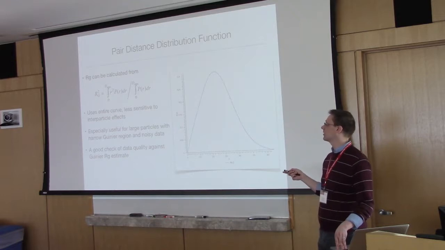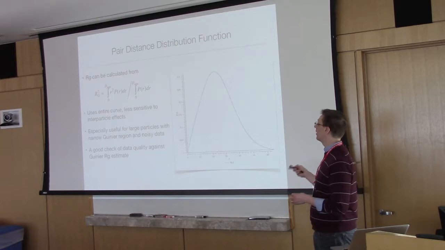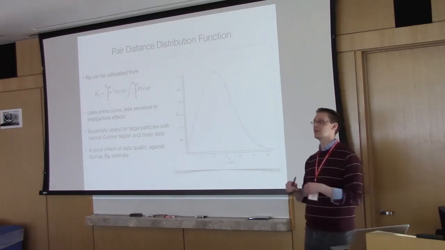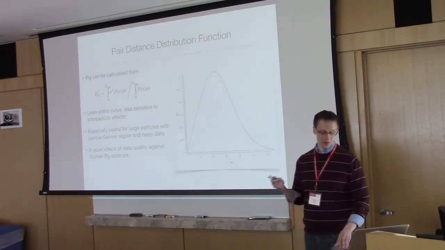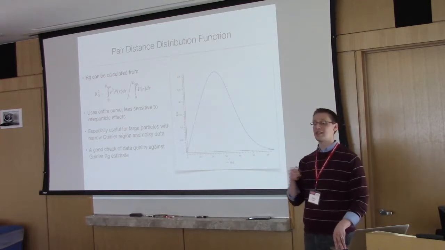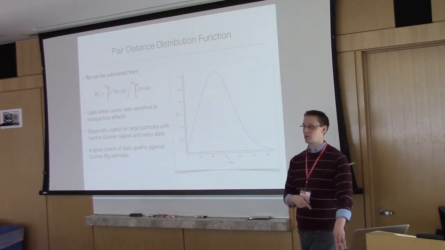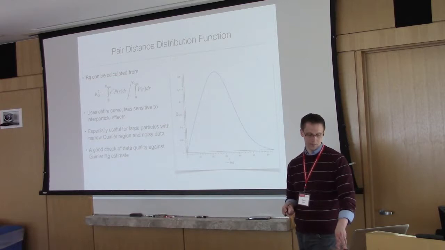The reason for that is because for larger particles that may only have a few data points in the Guinier region, this uses all of the data points through the entire scattering profile. So you're able to have a lot more data points to determine your radius of gyration. It's also less sensitive to interparticle interactions because it's using the entire curve, where the interparticle interactions are most obvious at the low Q region, which is where the Guinier approximation lives.